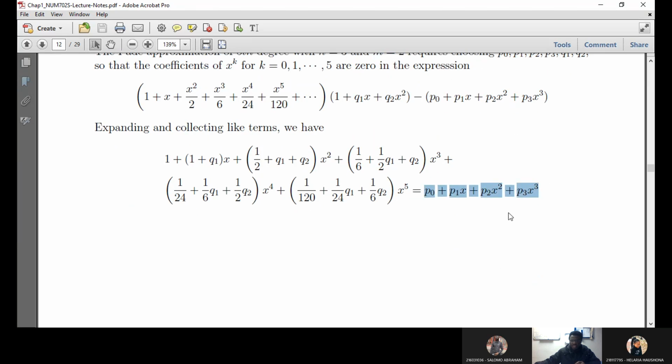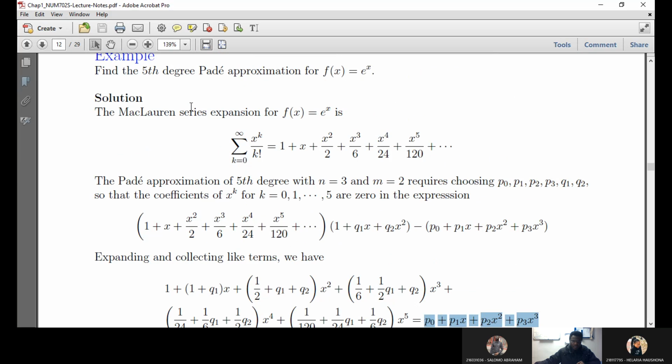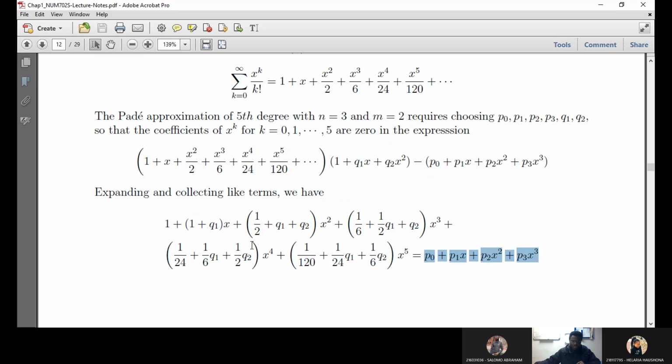The p's will be on the right of the equal sign. And the q's, right? Because you can see from here, the q's mix with the coefficients of f, the polynomial that we are trying to approximate. This one, the coefficient will be mixed here on the left.